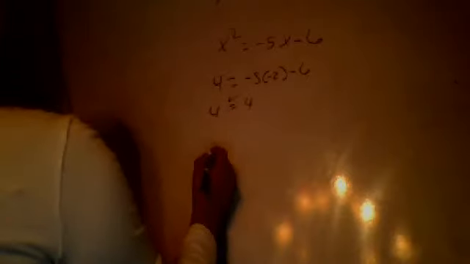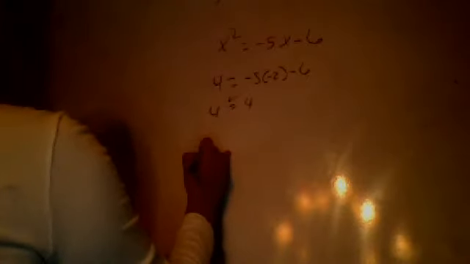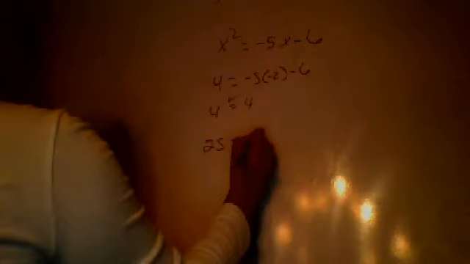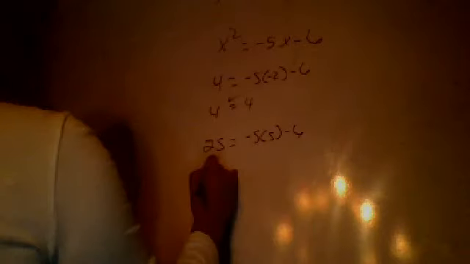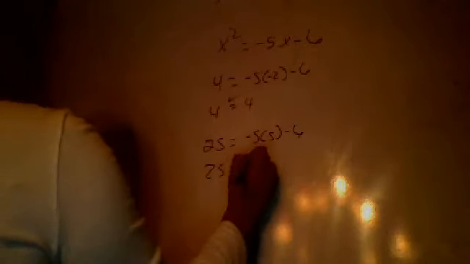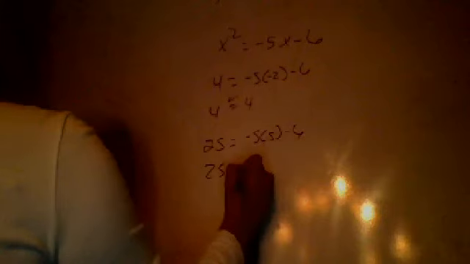So we're going to have 25, which is 5 squared, equals -5 times 5 minus 6. 25 equals -25 minus 6 is -31. That is false. So in this particular equation, -2 is a solution and +5 is not a solution.